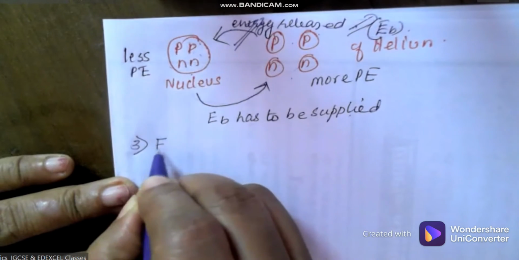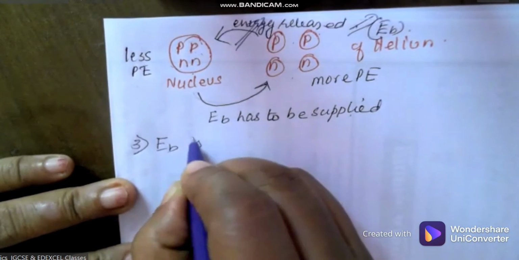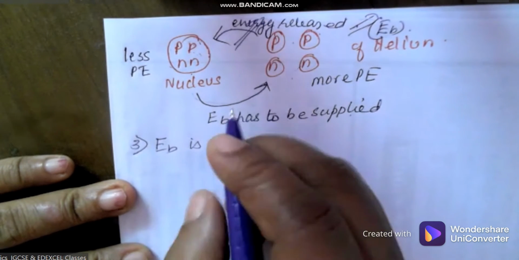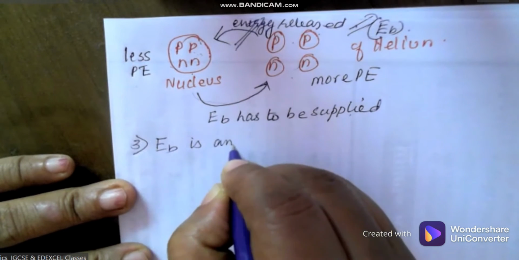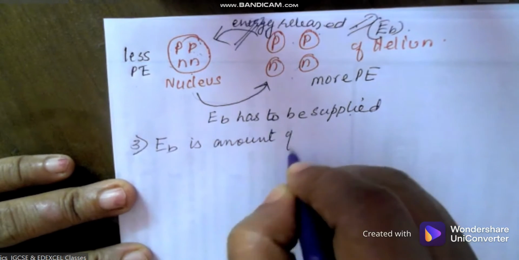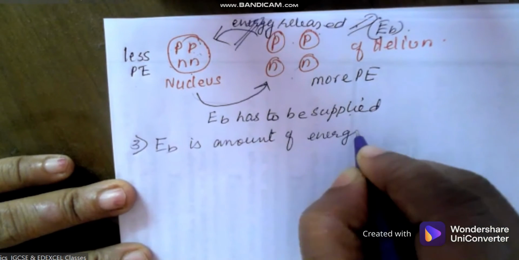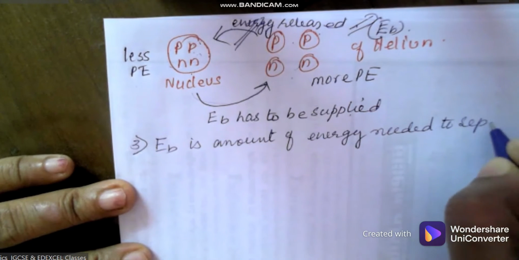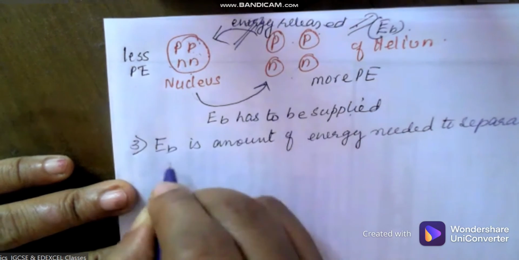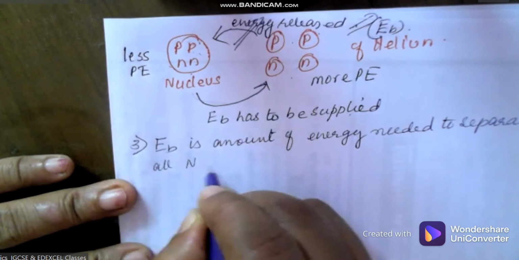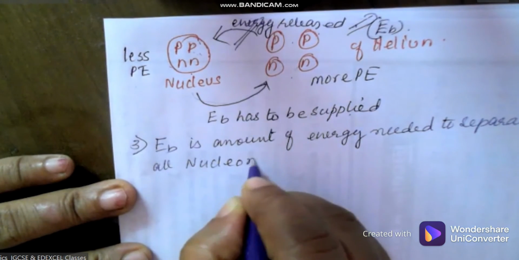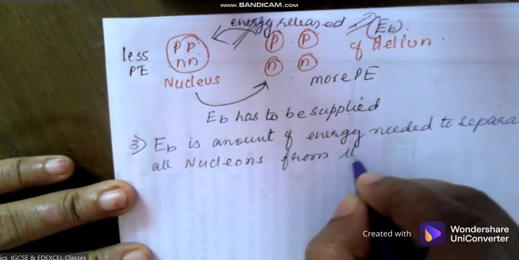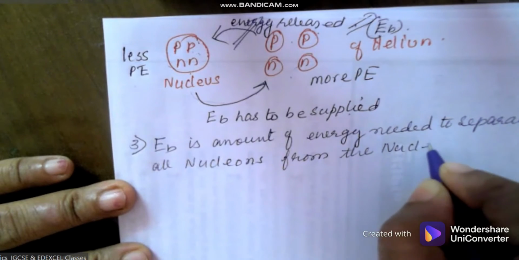Binding energy, E_B: this is the most common definition. The most common definition is the amount of energy needed to separate all nucleons, protons and neutrons, from the nucleus.